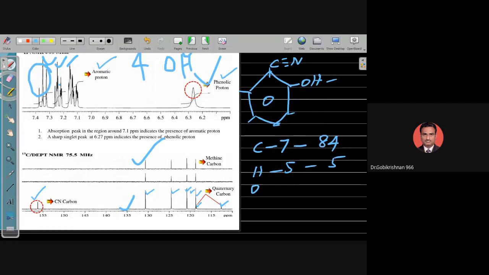The number of oxygens is 1, that is 16. The number of nitrogens is 1, that is 14. Therefore, totally 84 plus 5 plus 16 plus 14, the molecular weight is 119.